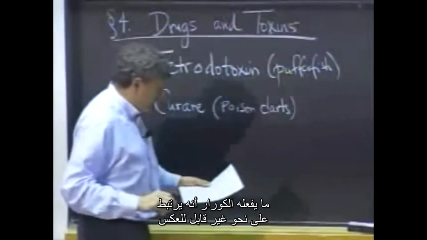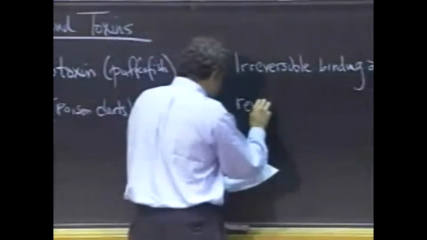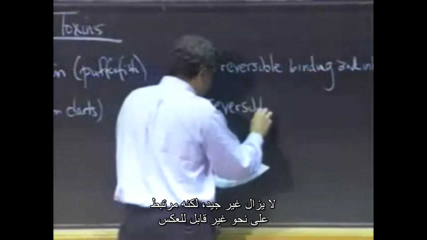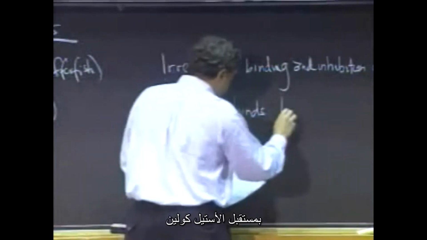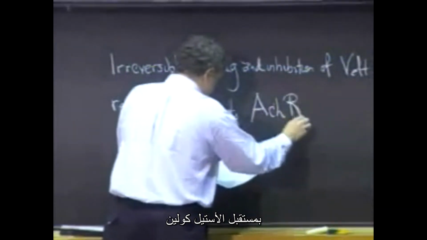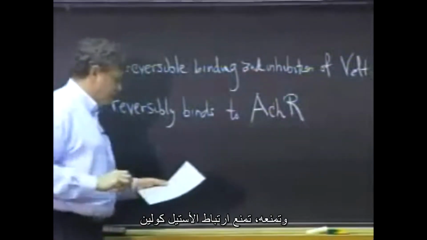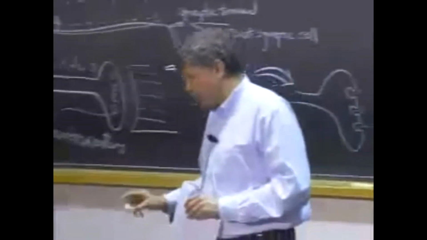What curare does is it reversibly binds, still not good, but it's a reversible binder to the acetylcholine receptor, and it blocks the binding of acetylcholine.